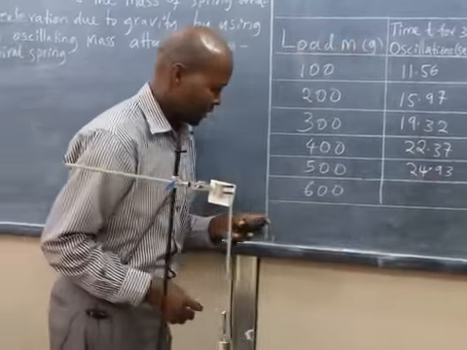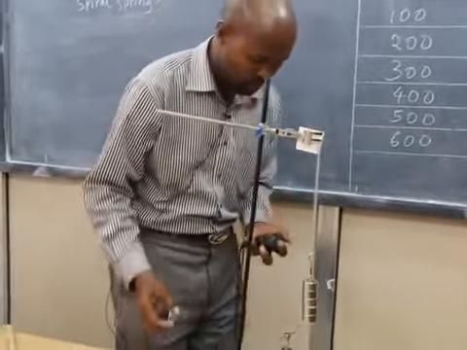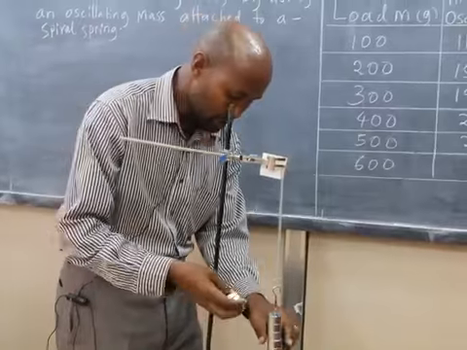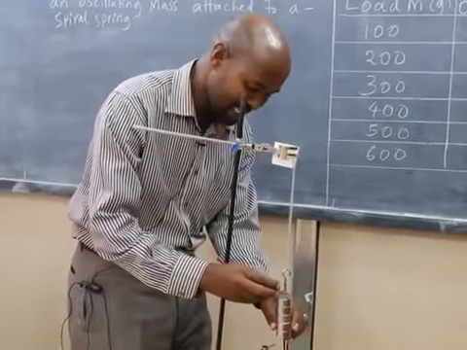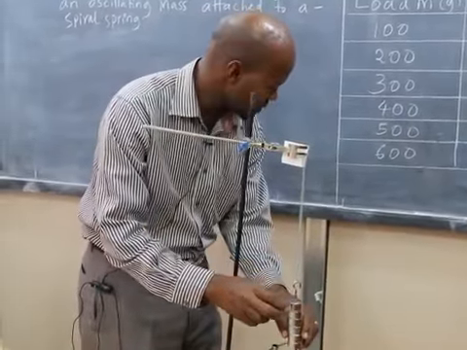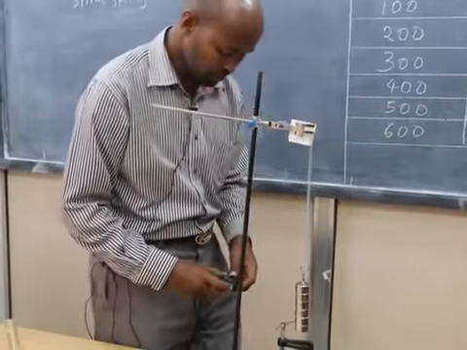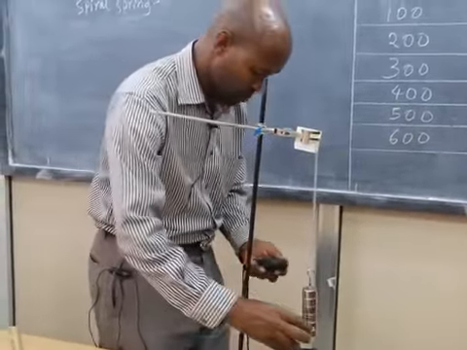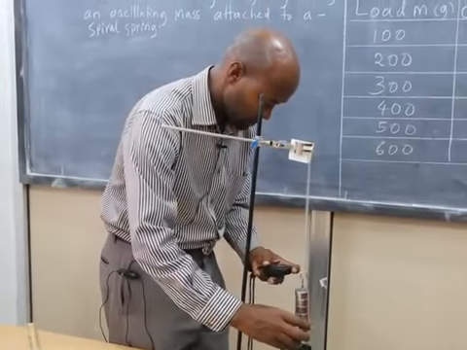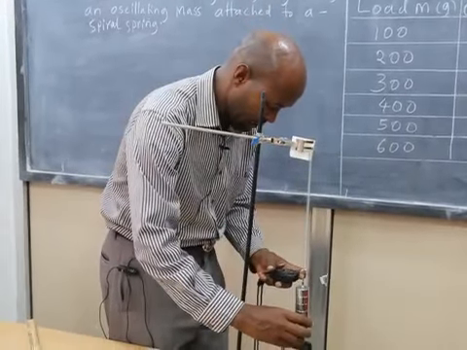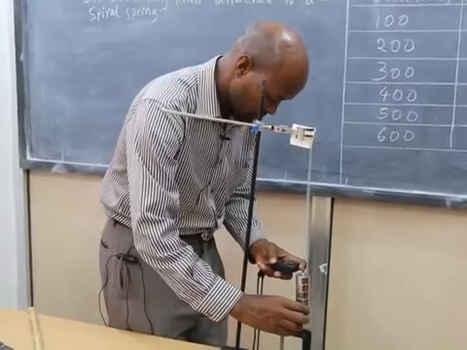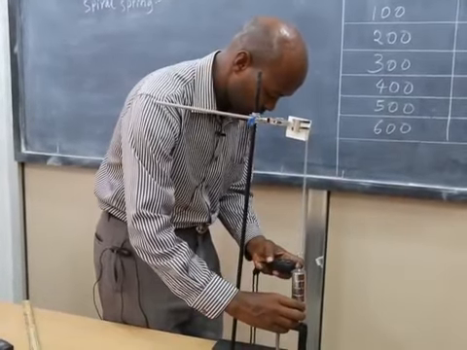Now lastly, let us see the time taken for 30 complete oscillations when the mass is now 600 grams, as you can see here. As usual, we'll count 30 oscillations and then record the time. Just apply small amplitude.